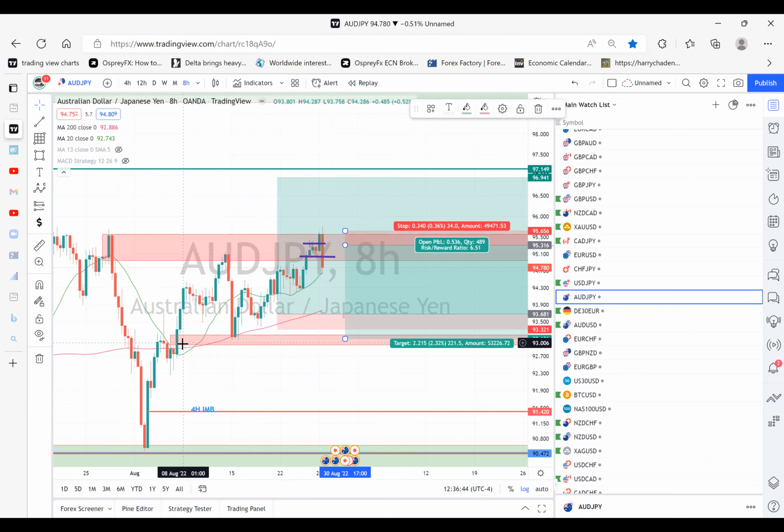Does that make sense? So maybe it does push down to this area, but if you're going to sell this down, I would really watch it when it gets down to this area, because that's the next zone above the one you have the price going to. You understand what I mean?